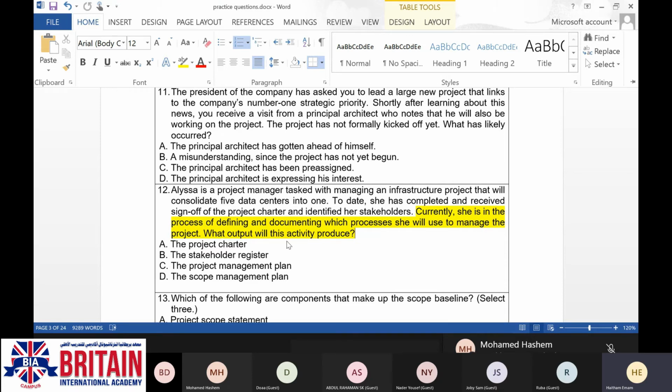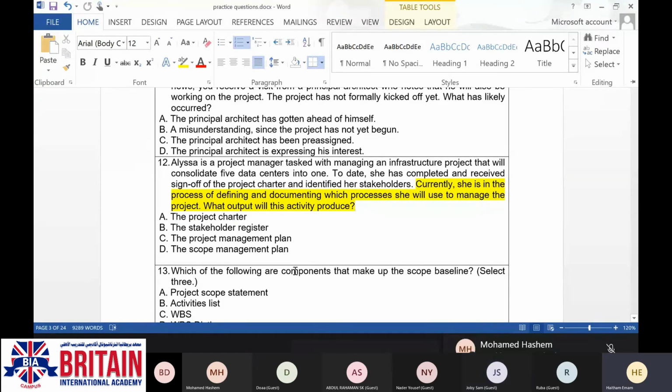What output will this activity produce? When we are talking about the project overall, then it will be the project management plan. Scope is specifically about the scope. If we are not talking about the scope only, and we are talking about the project as one package, then we are going to have the project management plan.